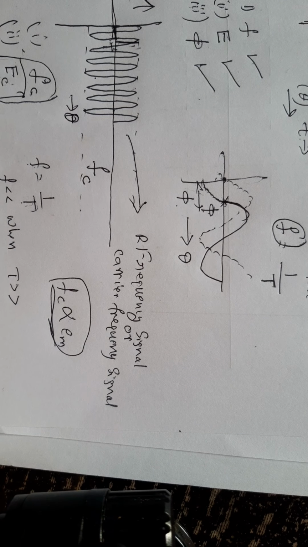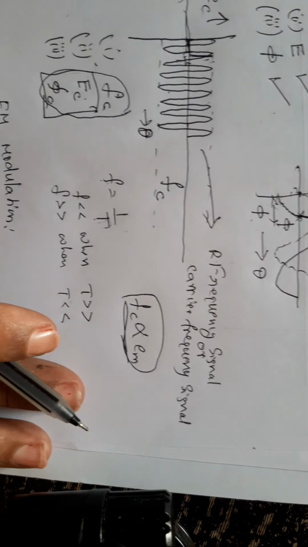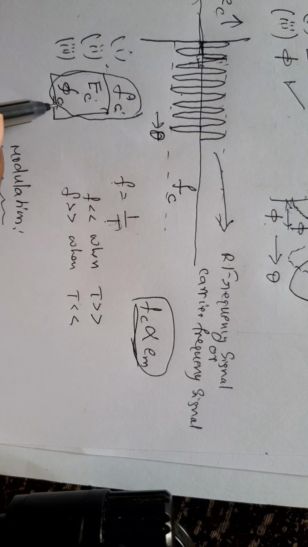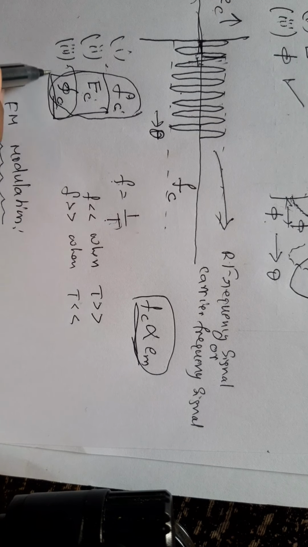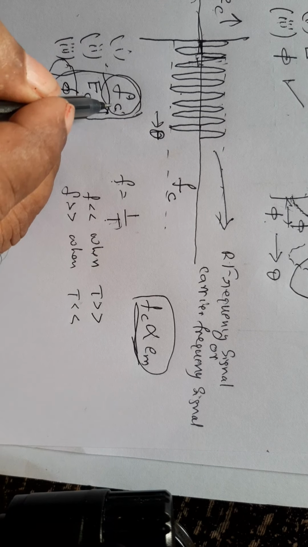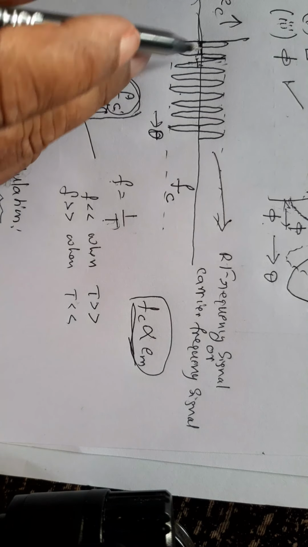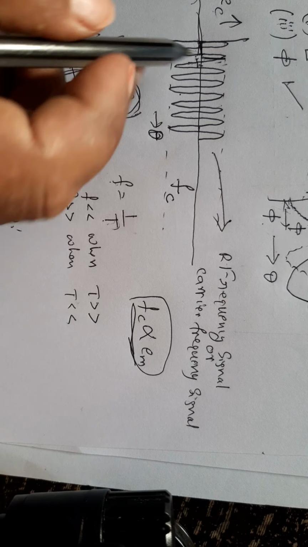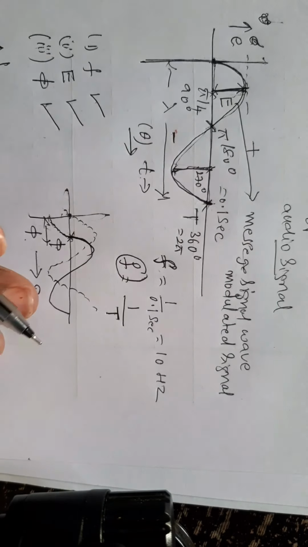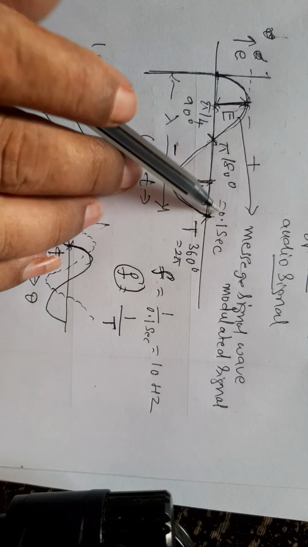This is frequency modulation. In amplitude modulation, how do we define? We will keep frequency and phase angle constant. We will change the amplitude of the carrier signal in accordance with this modulating signal.